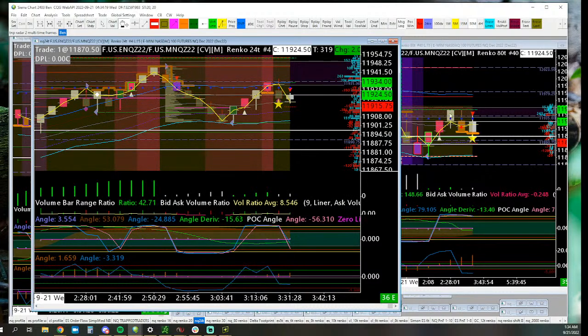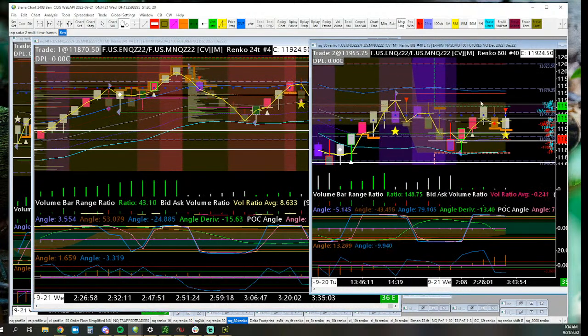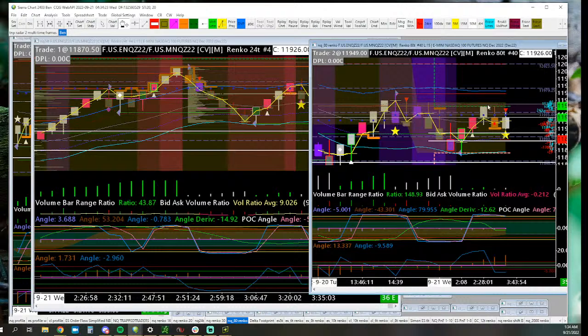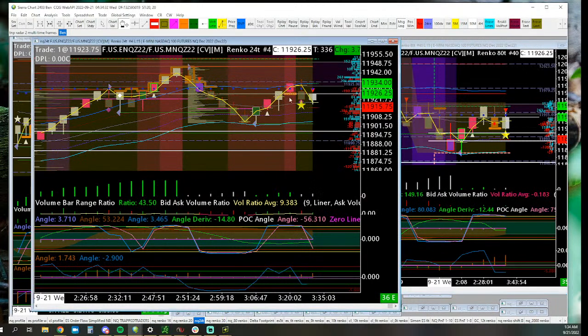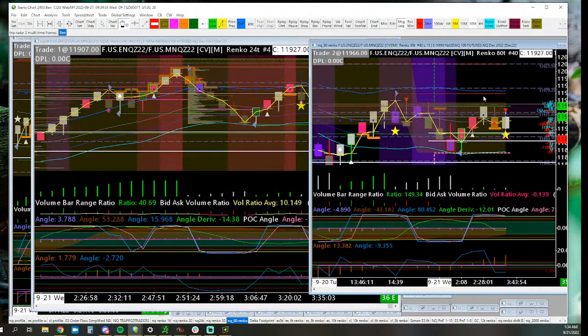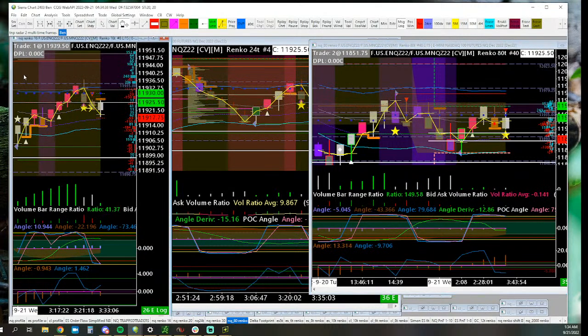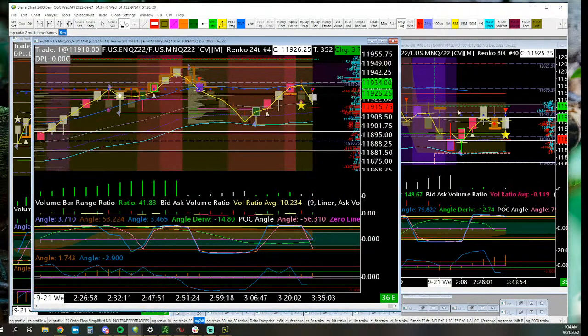You can see on the higher time frame that we've just gotten to the point where there's no rotations. This is generally one of the spots where the algo does not perform well, where signals like stars and orange bars and stuff like that will start to not be meaningful, especially on the smallest of time frames, because on the higher time frame you're basically trading within a range.